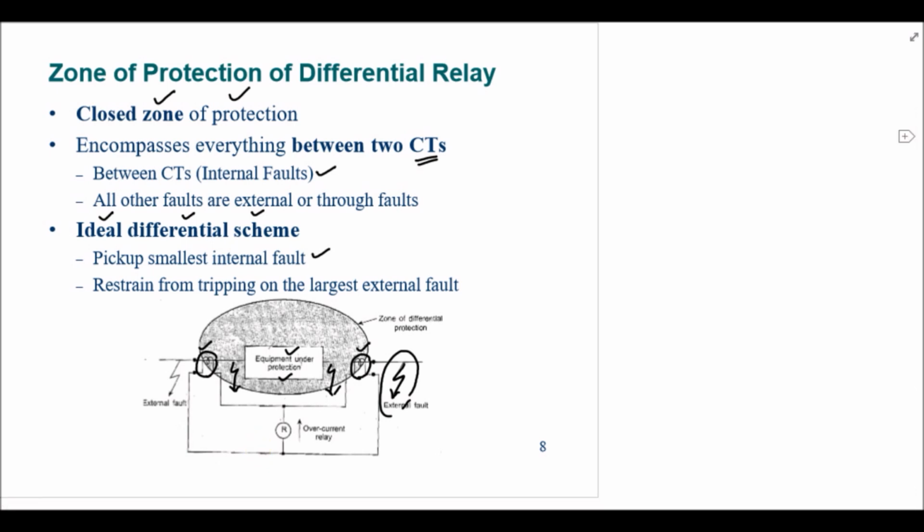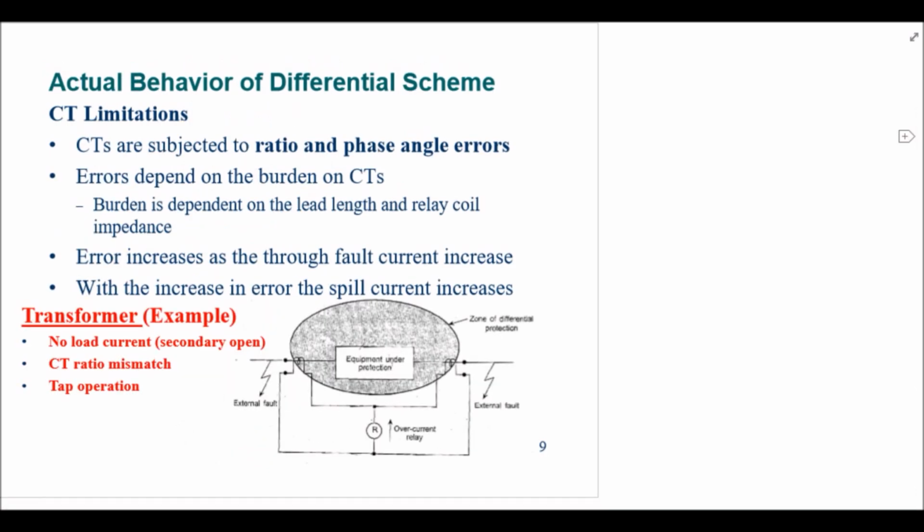But there are some limitations associated with the CTs. The first one is that there is always a ratio and phase angle error in the secondary current of the CT. What does it mean?